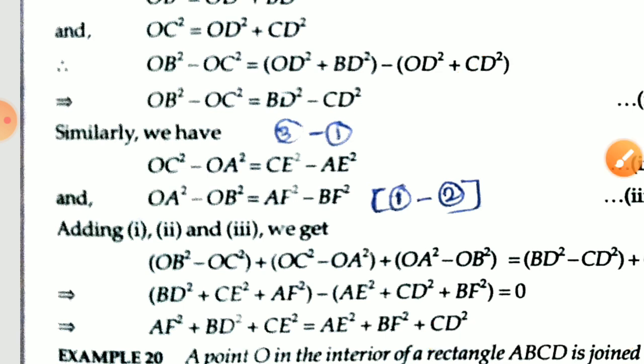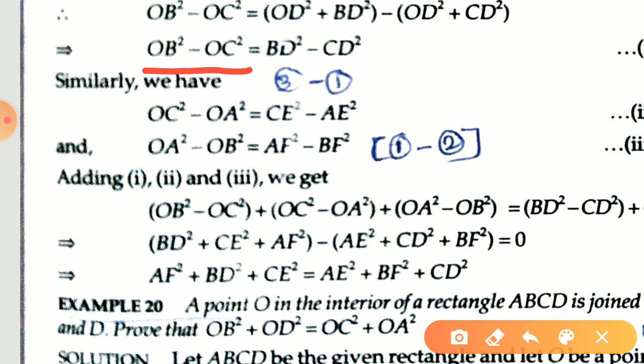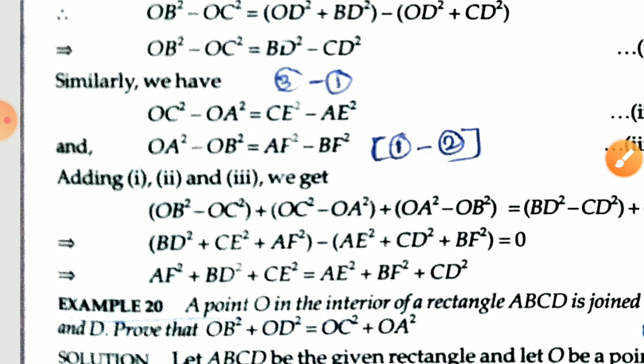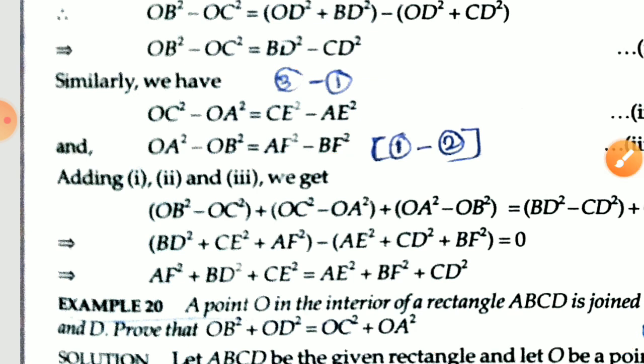Adding 1, 2, 3, we get OB square minus OC square plus OC square minus OA square plus OA square minus OB square is equal to BD square minus CD square plus CE square minus AE square plus AF square minus BF square.